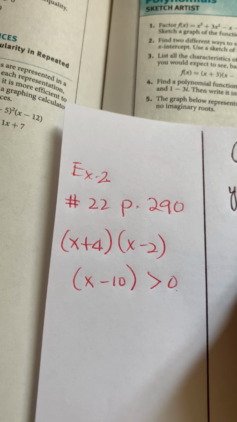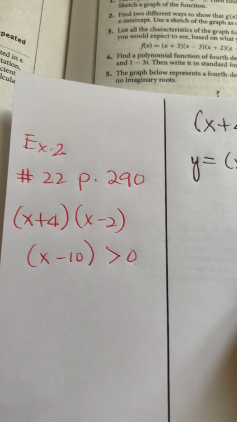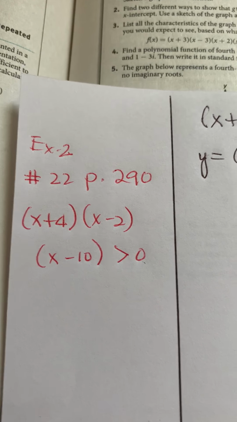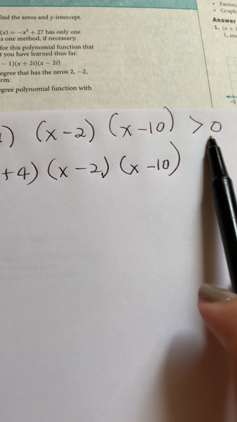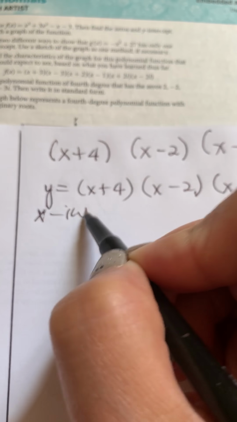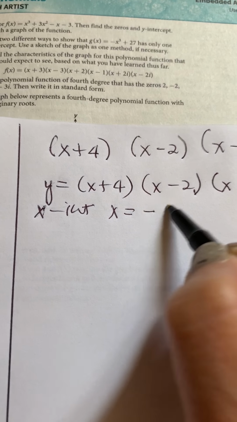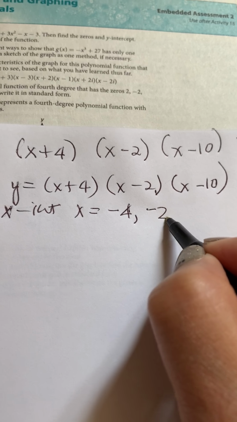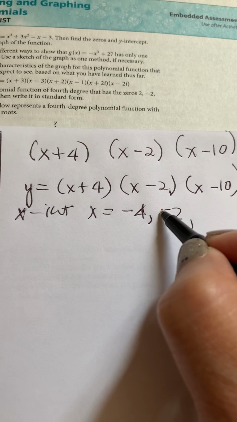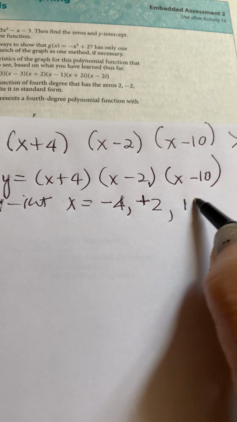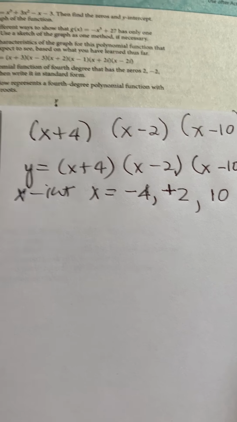Y equals (x + 4)(x − 2)(x − 10). Again, step 1 is make the right side 0, but since this is already 0, we can go ahead and graph it. So your x-intercepts are x equals −4 with multiplicity of 1, +2 with multiplicity of 1, and +10 with multiplicity of 1.